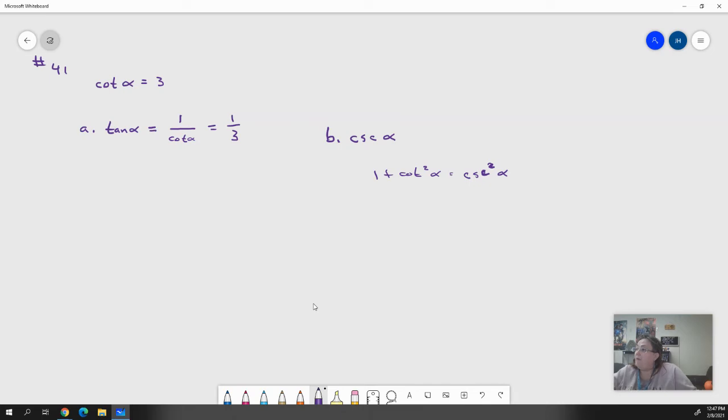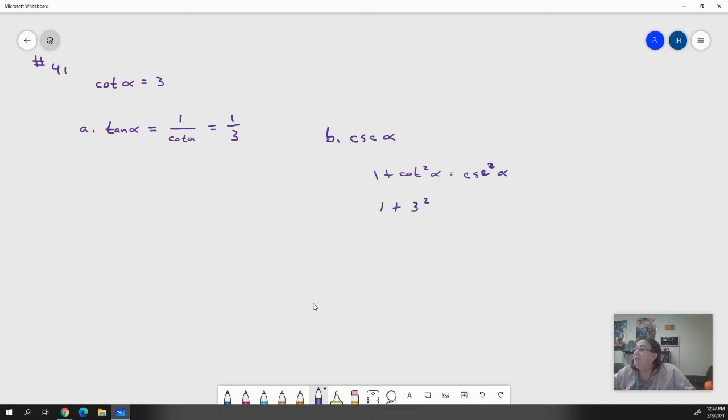And what we have is a cosecant, right? And now we need to find what that cosecant of theta is. Well, I know a couple of things. I know right now that cotangent of theta equals 3. So this is like saying 1 plus 3 squared, right?